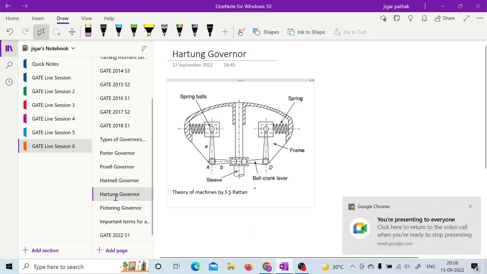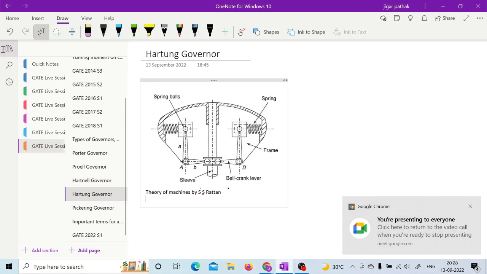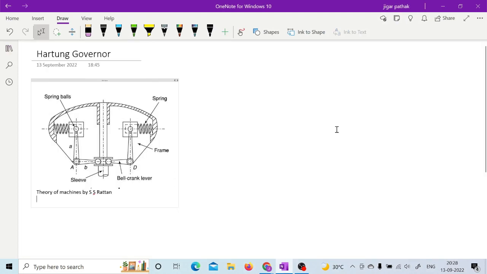So after that Hartnell Governor is there. So in Hartnell Governor, again it is a spring controlled governor, right? So you can see here they have this spring ball attached to a frame with the help of this spring.